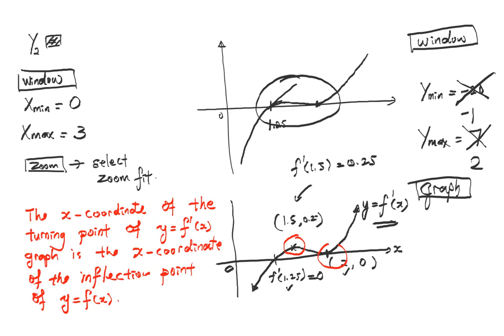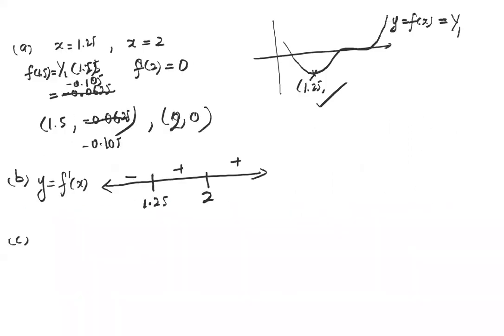So on that note, I'm able to do part C. So I have to mark down two important points. That is 1.5 and 2. Correct? That is for my y equal to f double prime x.